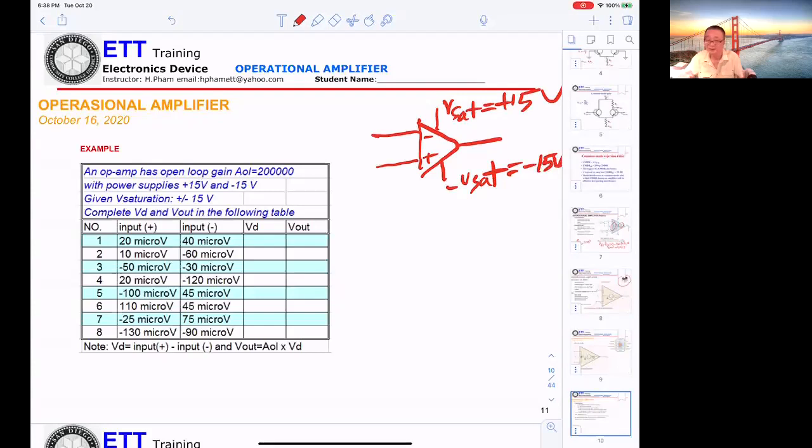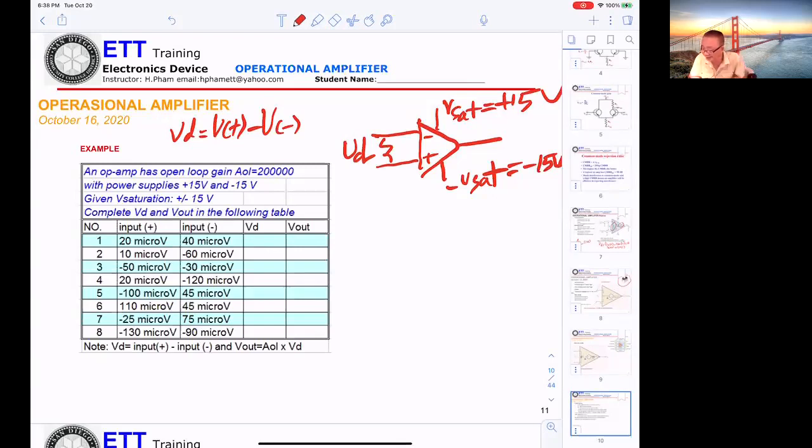They're using 15 and minus 15 for your calculation. And the voltage here, VD, equals VS positive minus VS negative.